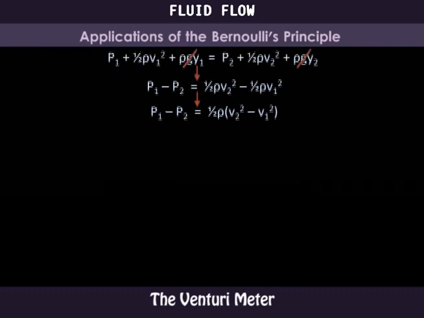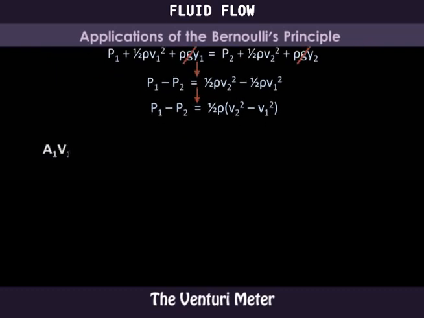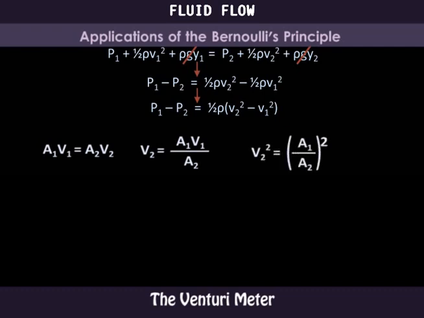Applying the equation of continuity, A1 V1 is equal to A2 V2. Therefore, V2 will be equal to A1 V1 over A2. V2 squared is equal to A1 over A2 squared times V1 squared.